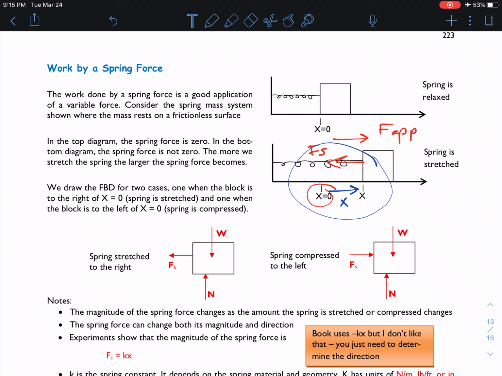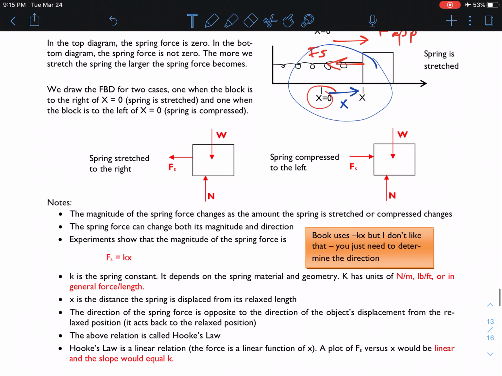In magnitude, the spring force is related to the stretch or compression x in this form, and k is simply a constant that we call the spring constant. This equation is given as negative kx in Wiley, but that negative just tells you that if you are pulling it to the right, the spring force is to the left, so they are in opposite directions.